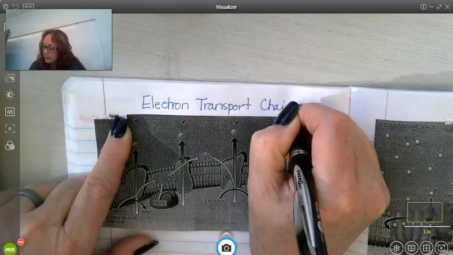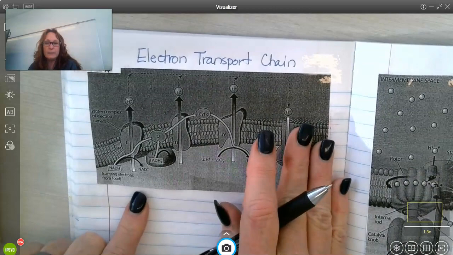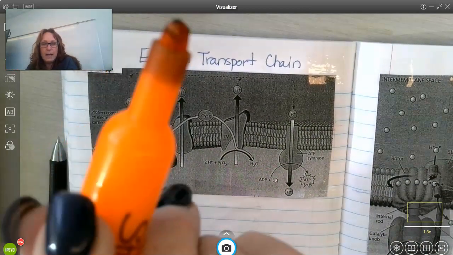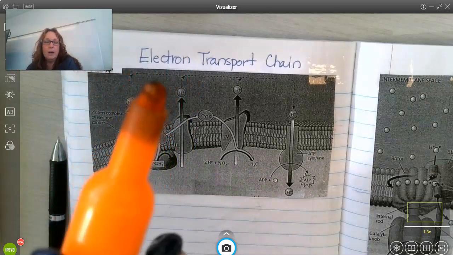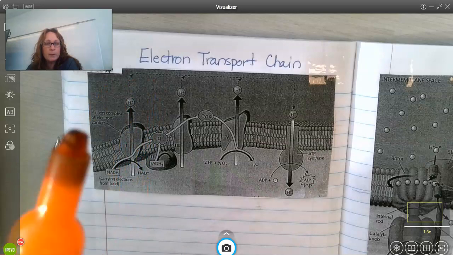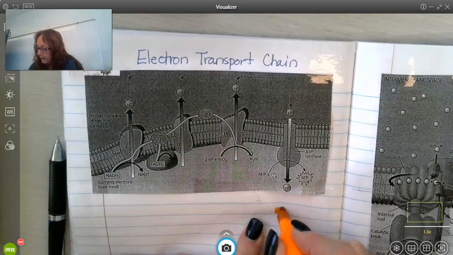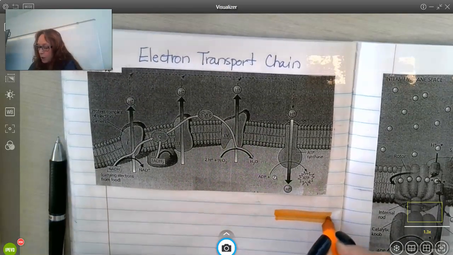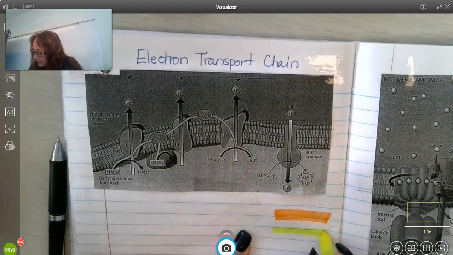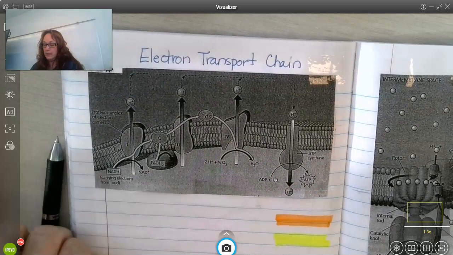So this is the electron transport chain. And I'm going to highlight the molecules in their reduced form in orange, which means they have electrons that they've gotten, and in the oxidized form in yellow.